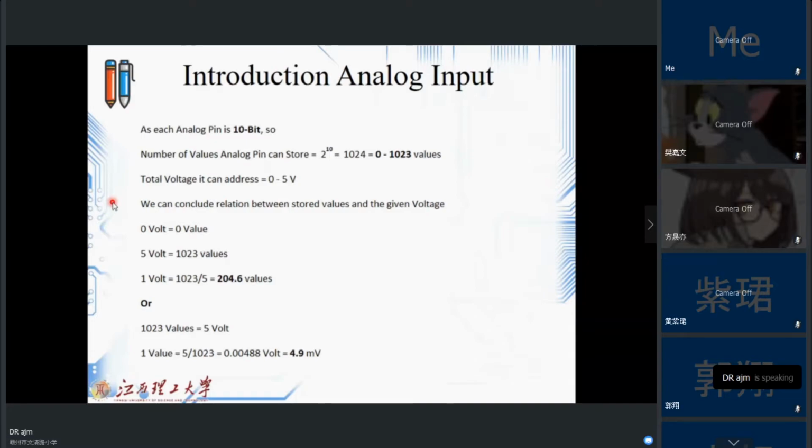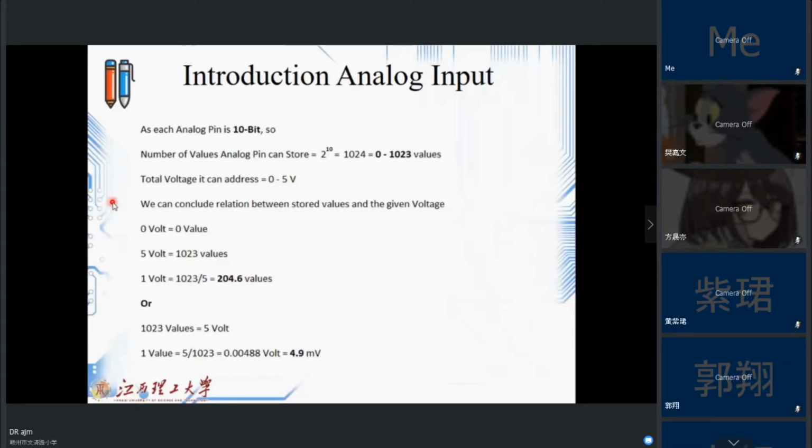As each analog pin has 10 bits, the number of values an analog pin can store is 2 to the power of 10, which is equal to 1024. Or, since we start from 0 and 0 itself is a value, we can say 0 to 1023.